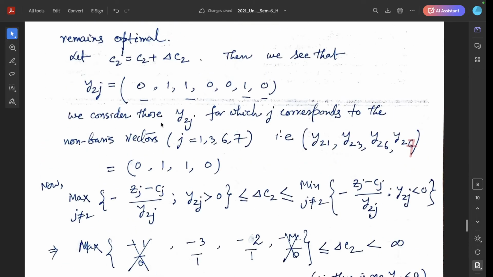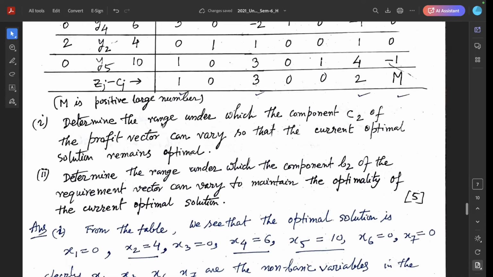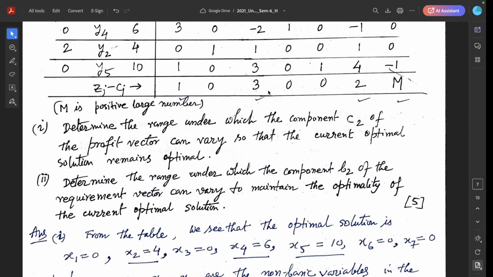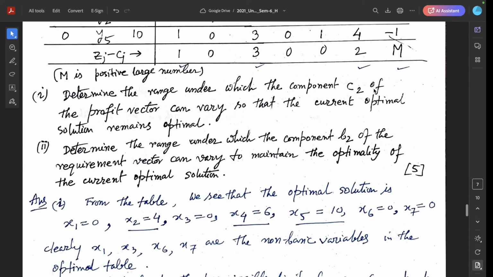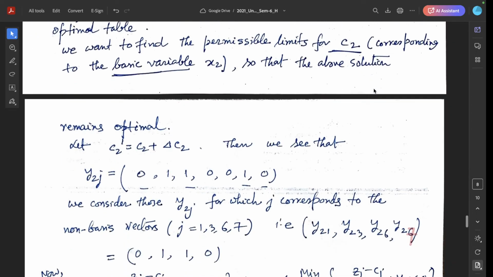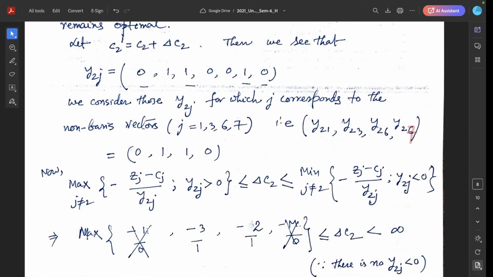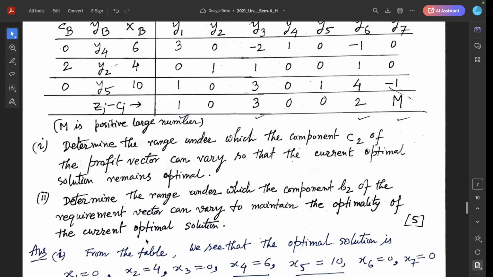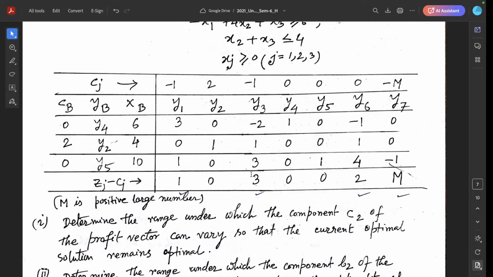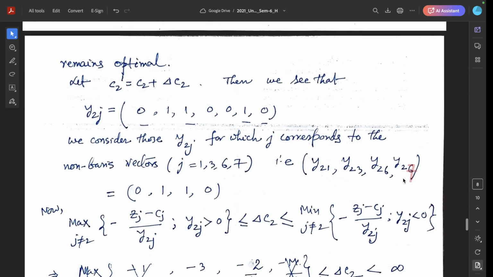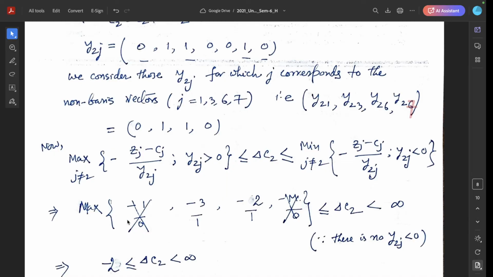So zj minus cj is 1, 0, 3, 0, 0, 2, M. Corresponding to j equal to 1, 3, 6, 7: 1 is 1, 3 is 3, 6 is 2, 7 is M. So put here minus 1, minus 3, minus 2, minus M, and the y2j values 0, 1, 1, 0.